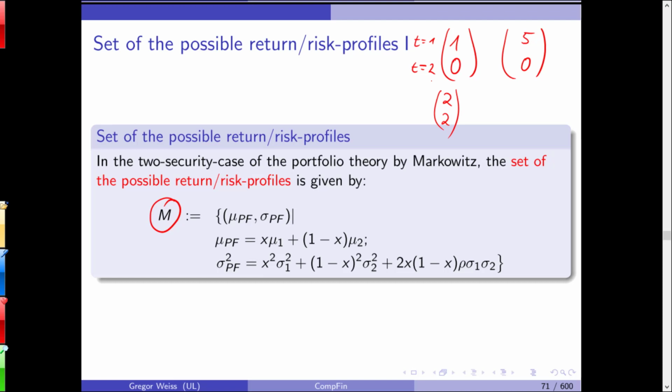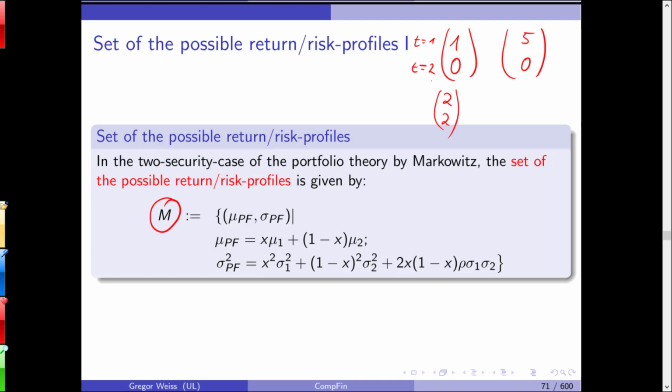For example, if I were to tell you I have one stock that offers you 5% with a volatility of 6, and a second asset that offers you 10% expected return, but with a volatility of 30, the question could then be, can I also get a portfolio that offers you 7.5% return with a volatility of, say, 12?